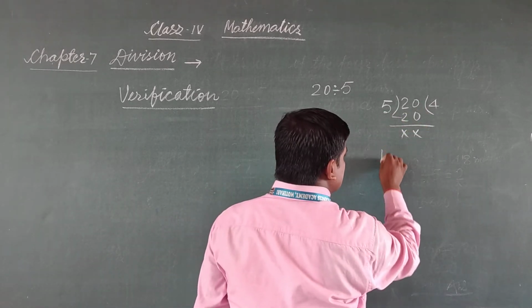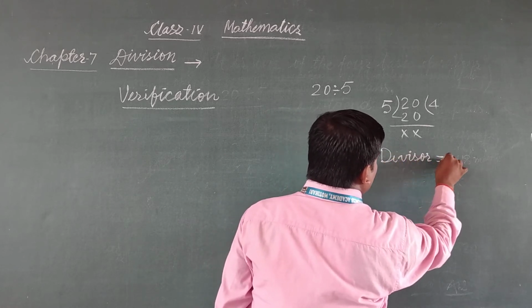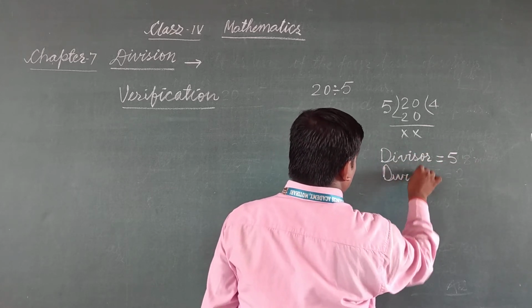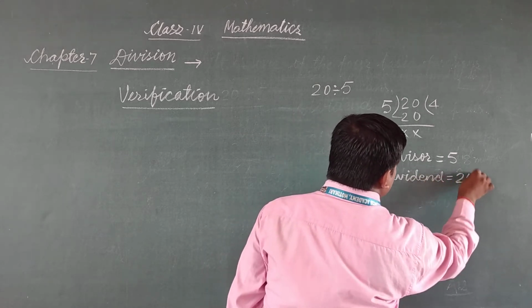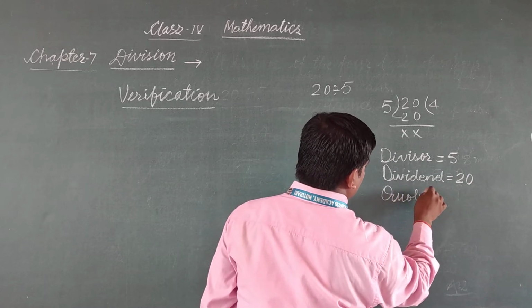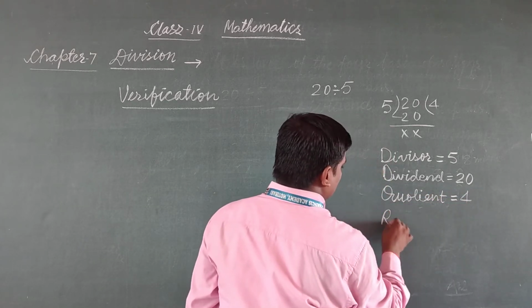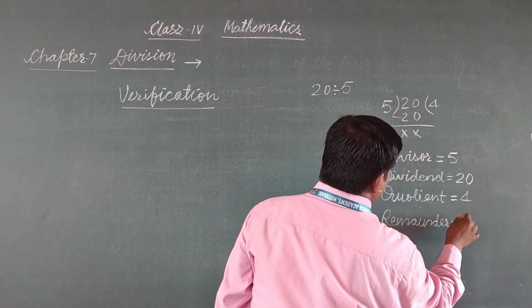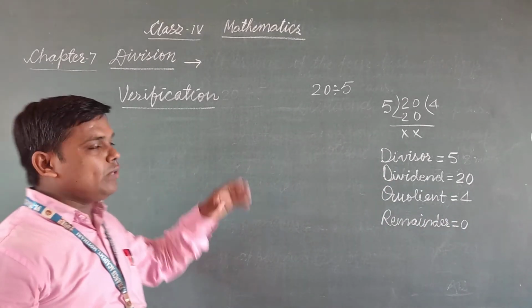Means in this case our divisor is 5, dividend here is 20, quotient here is 4, and remainder is 0. Remainder 0. So how to verify a division?